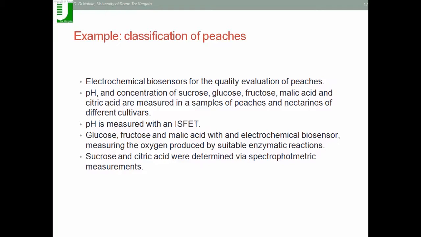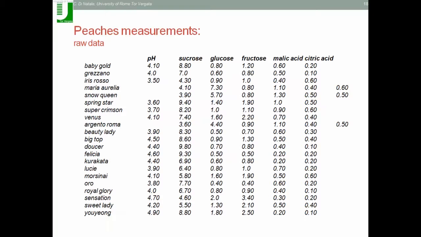So basically all the fruits are represented by an array of numbers, and each number is the result of one of the sensors.